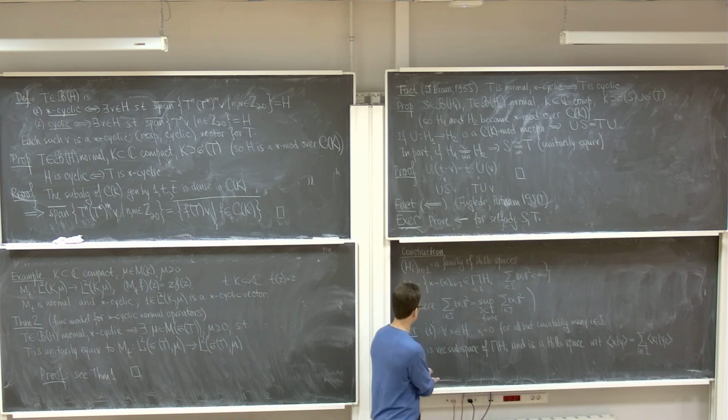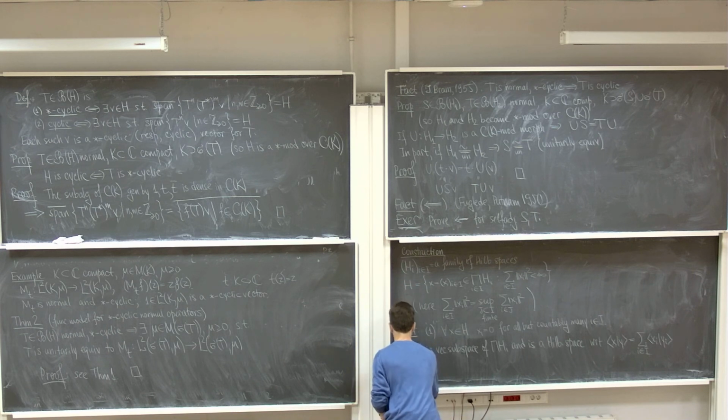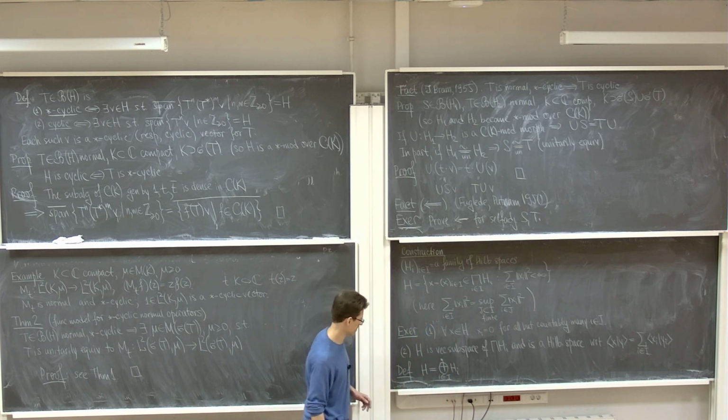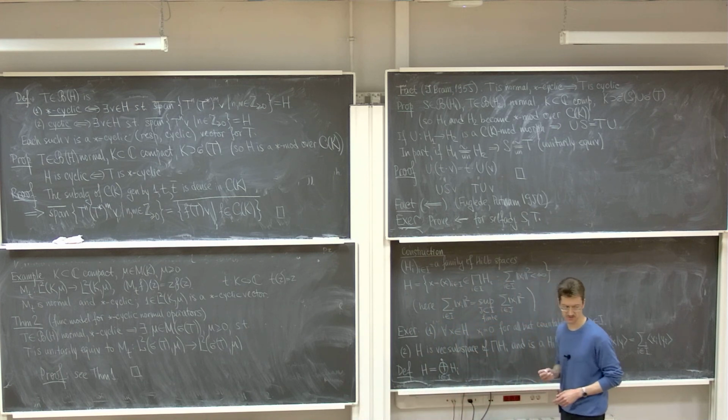So we see that each collection of Hilbert spaces gives us a new Hilbert space, H, which is called the Hilbert direct sum. This H is denoted like this. So I put a dot here over the direct sum sign in order to distinguish between this space and the algebraic direct sum.